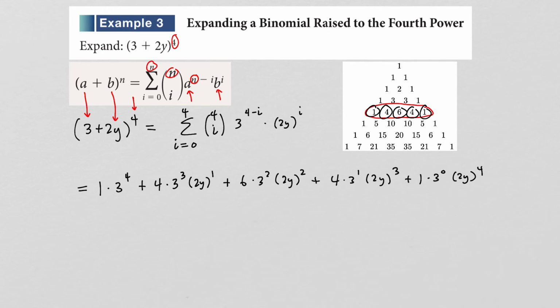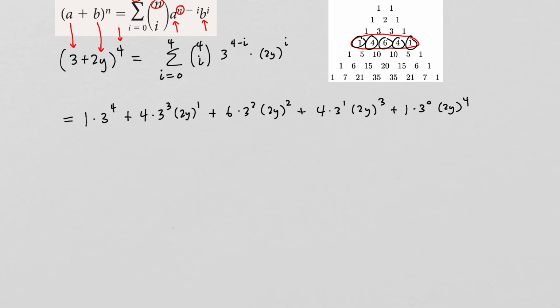And now we just have to do the arithmetic. So 3 to the fourth power is 81, plus, then here we have 4 times 3 cubed, which is 27, times 2y to the first power is 2y, plus 6 times 3 squared is 9, times, now right here we have to square the 2 and square the y.